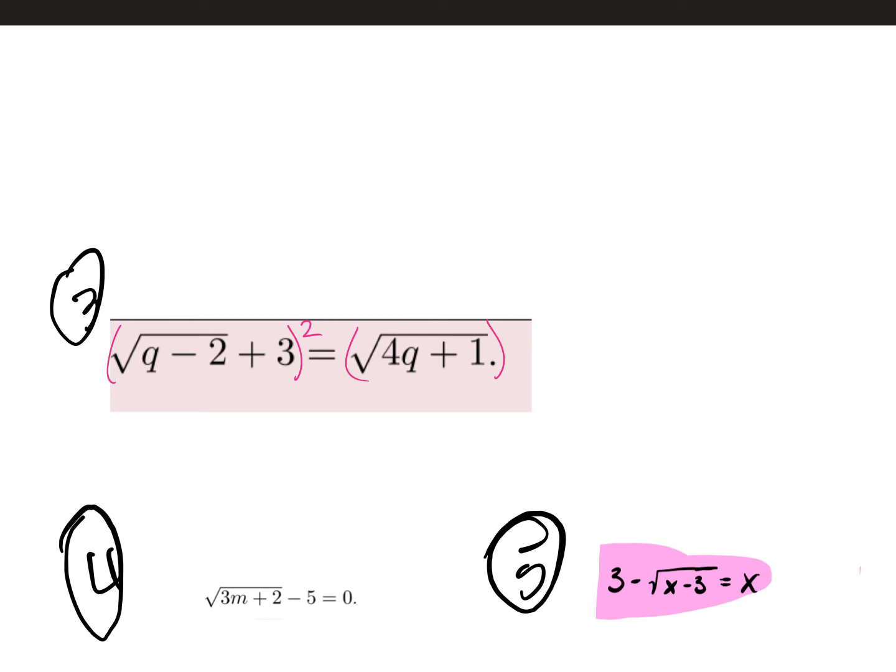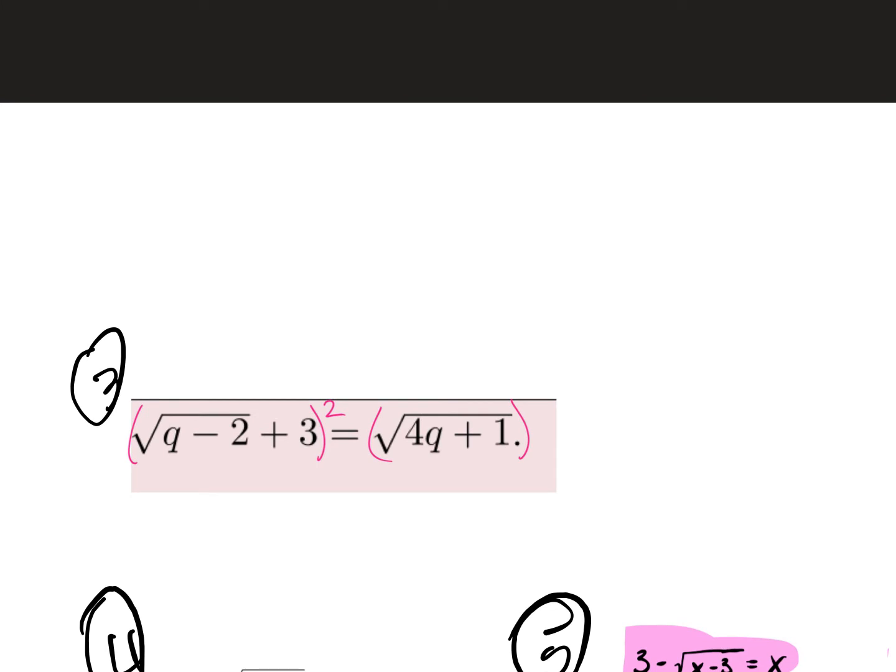When we square both sides on this, this is going to give us your square root of q minus 2 squared. Then, since it's positive, it's going to be plus 2 times 3 times the square root of q minus 2.